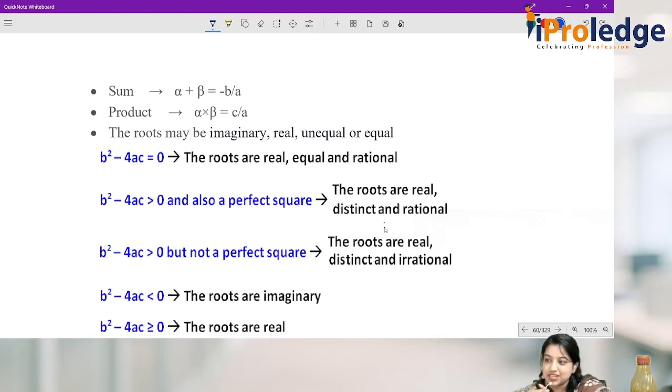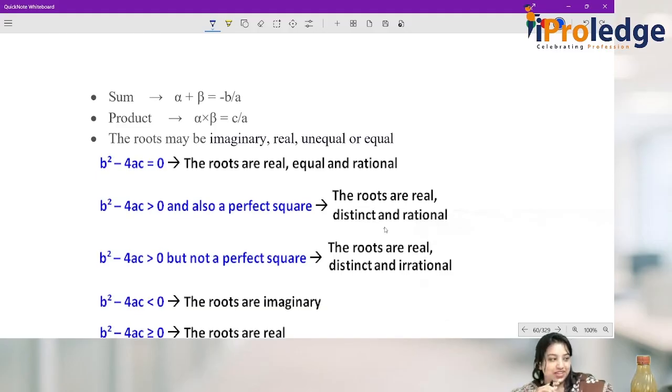First, alpha plus beta. What is alpha plus beta? Minus b by a. Product, alpha into beta, is c by a.